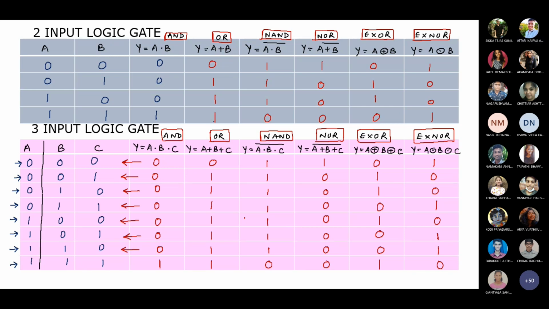और OR गेट में क्या होता है? When any one of the input is high, output is high.